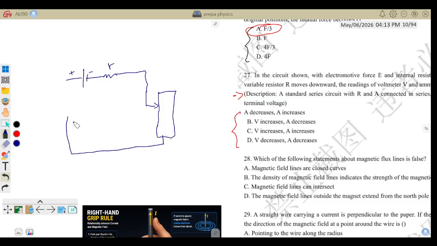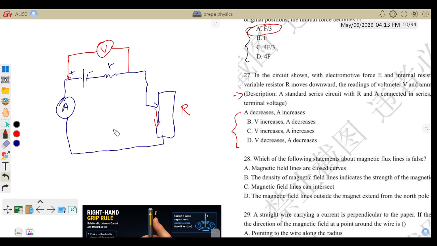Here we have the ammeter that's measuring the current, and the voltmeter that's going to measure the difference of potential, or terminal potential, of the battery. The selector is moving down.